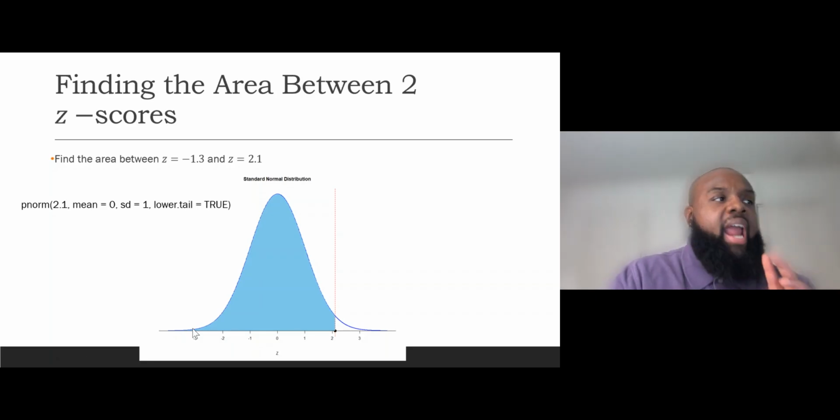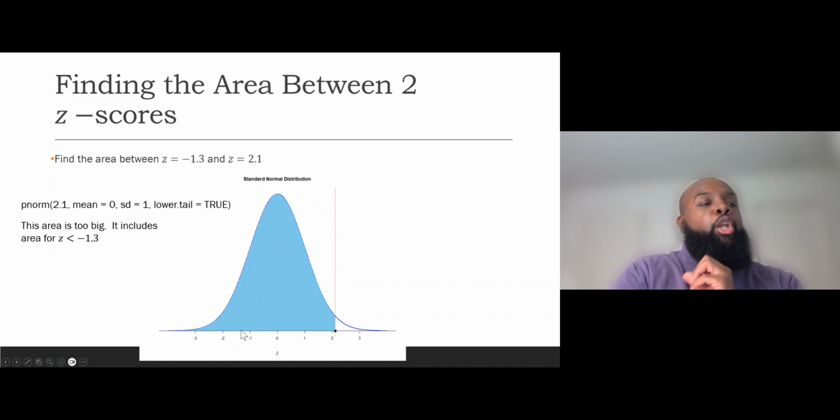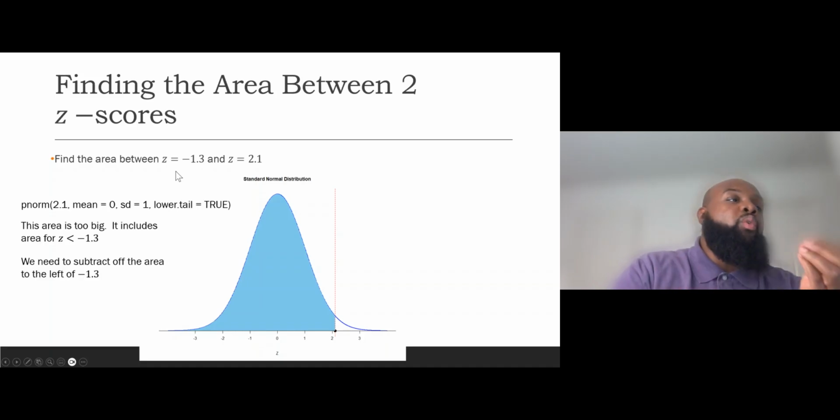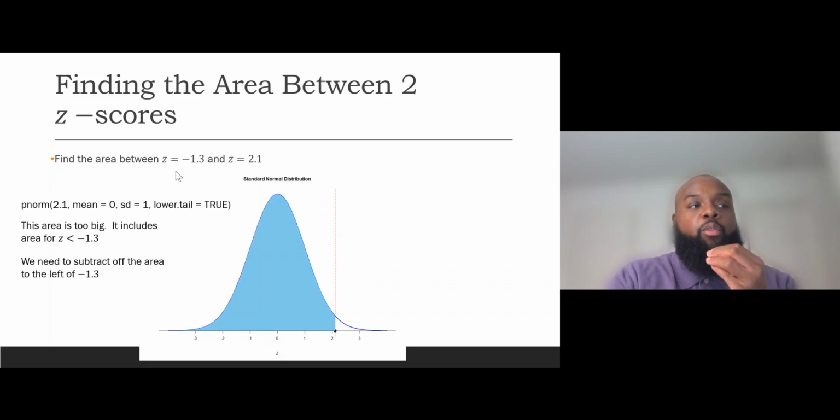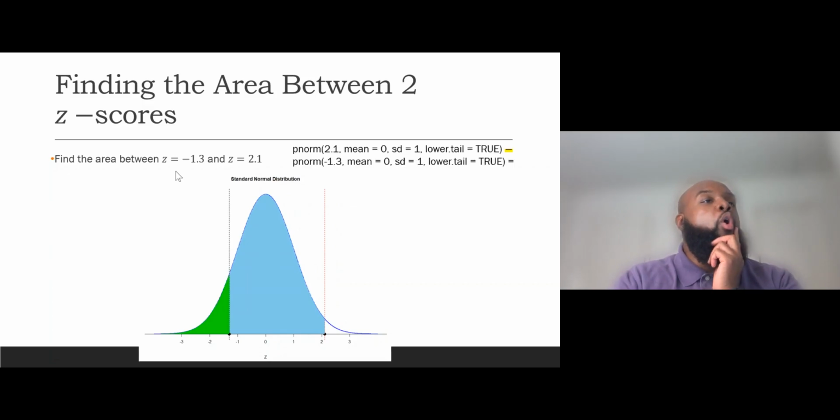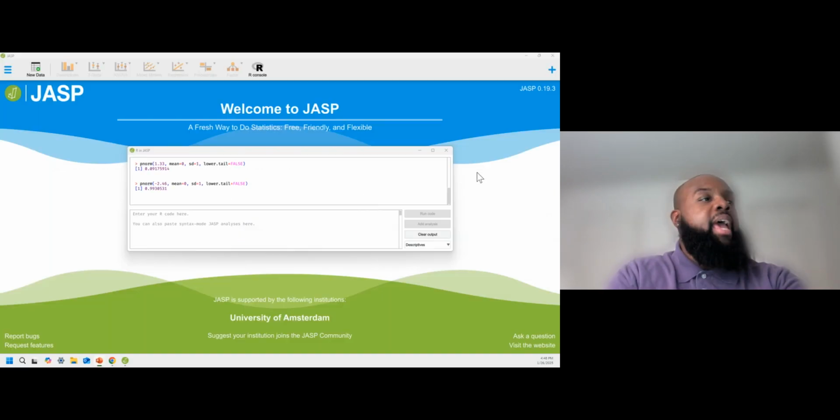It includes more area than I need because it includes the area to the left of negative 1.3, right? And so I don't need that area, so I need to subtract it off, all right? So what we're going to do is pnorm at 2.1, which includes too much area, and then subtract off this green area here, which is the pnorm at negative 1.3, okay?